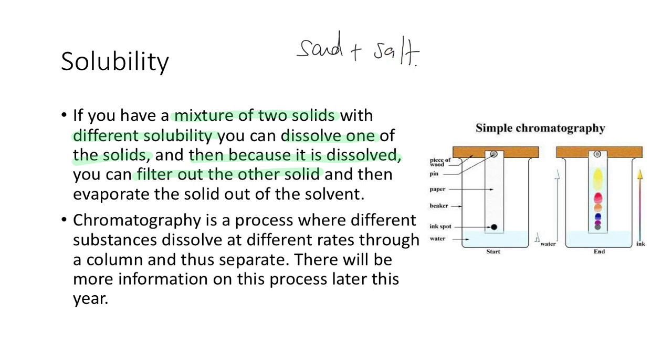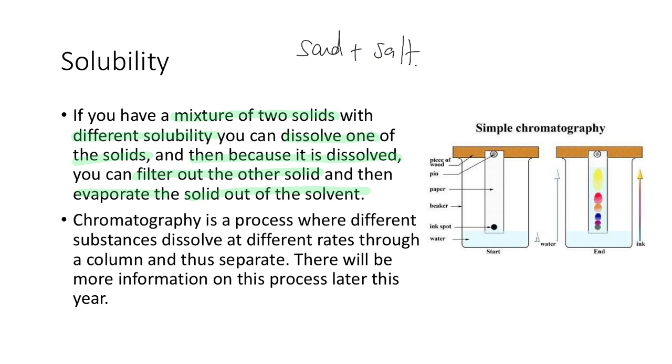So you dump a whole bunch of water in, the sand stays as sand, and the salt dissolves into the water. You can then filter out the sand, allowing the salt water to go through. Then you can evaporate the water away, and you've separated out sand and salt.